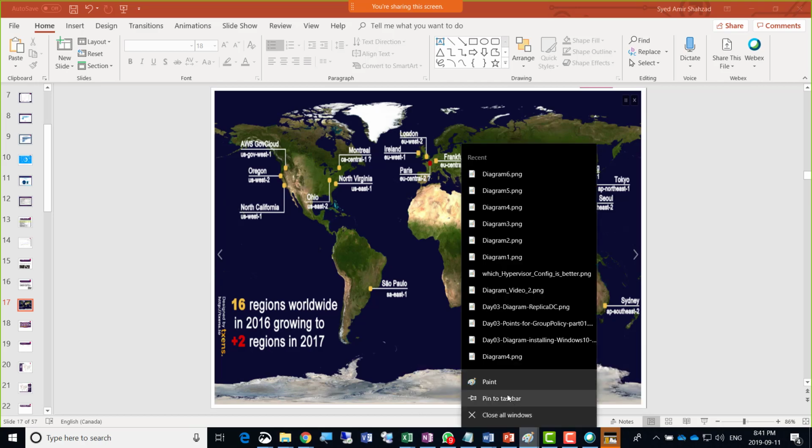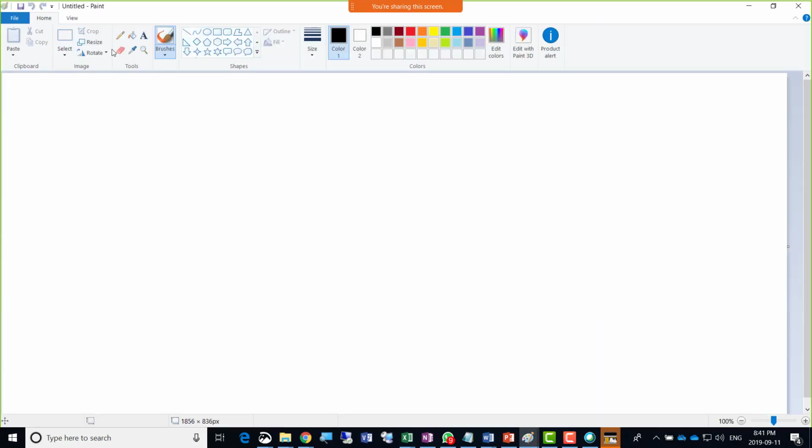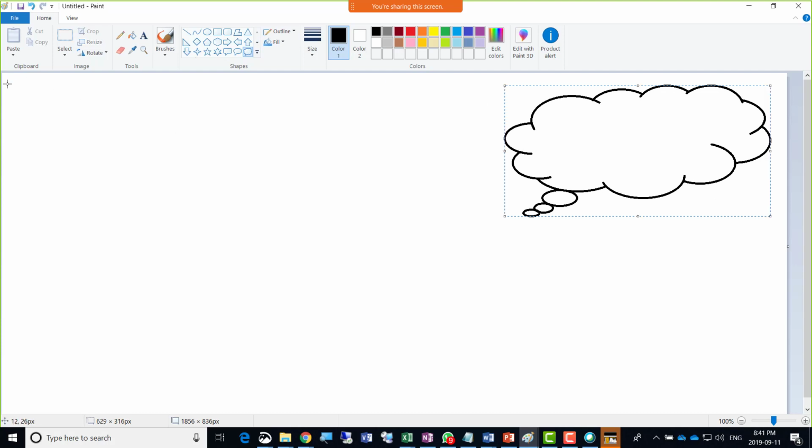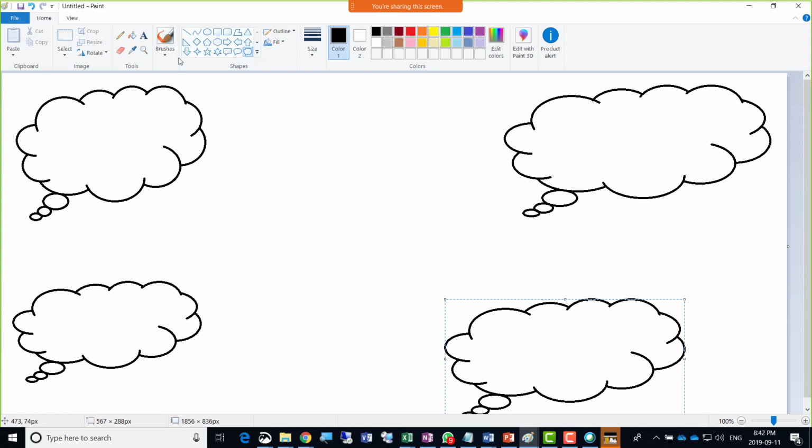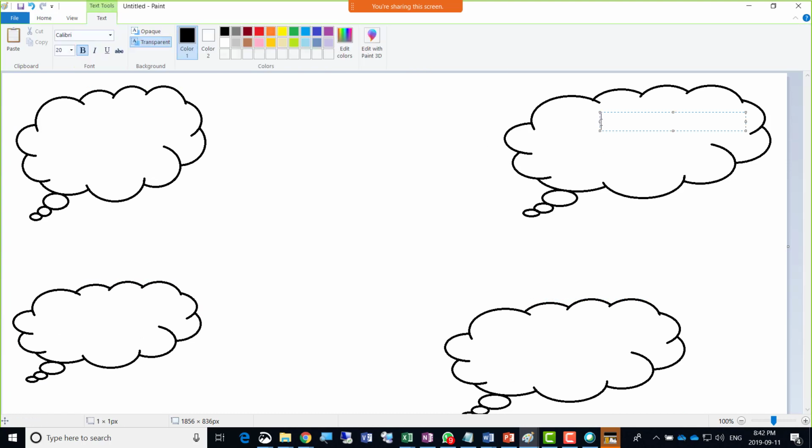So if we go to another diagram here, suppose there's North Virginia here. Suppose this is North America, right? And then there's Europe here, there is Asia there, there's Australia here.